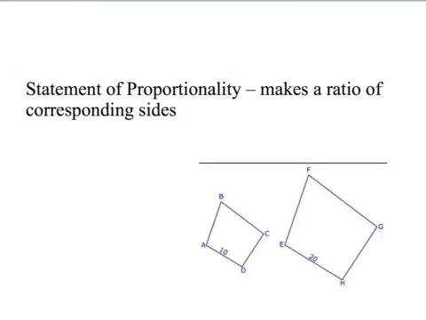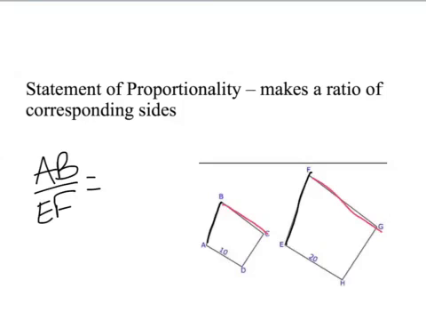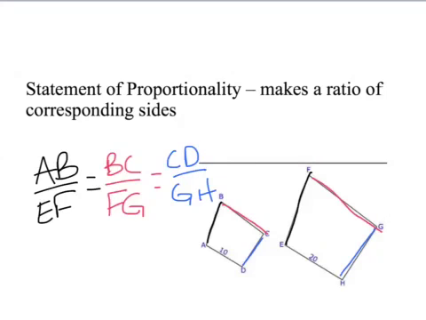Using the same quadrilaterals, which had the similarity statement, the ratio of AB over EF should be equal to the ratio of BC to FG, which should be equal to the ratio of CD to GH, which should be equal to AD to EH. So the ratio of corresponding sides should always be the same.